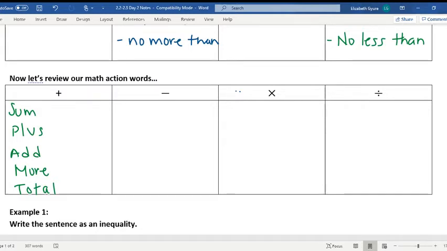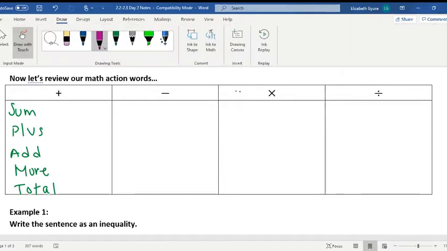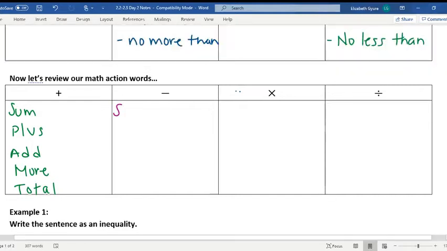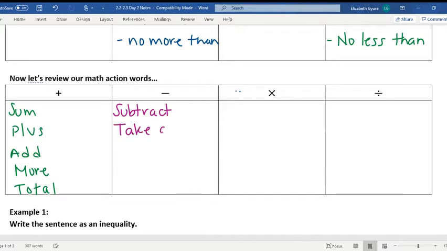But what about for this sign here? What would we say for this one? Subtract, yeah. Sure. Subtract, take away. Sure, decrease. I like that one. Anyone else have another idea?